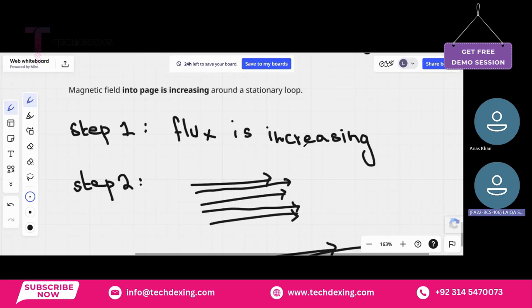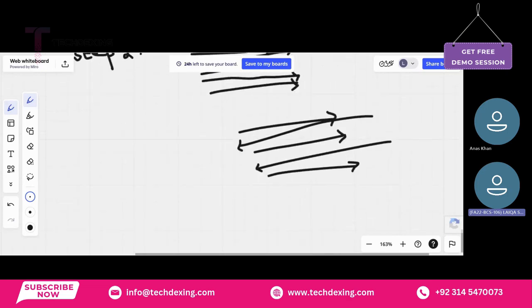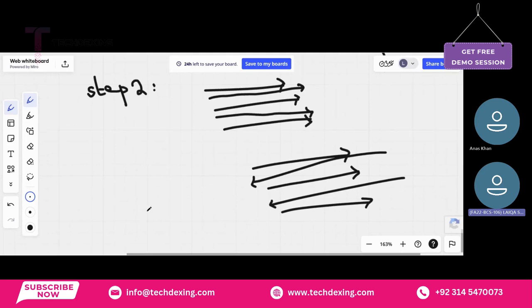To oppose the increase, the system tries to decrease the flux. And how can it actually decrease the flux? By simply creating an induced magnetic field in the opposite direction compared to the original magnetic field. So right now it's increasing, it will decrease it.